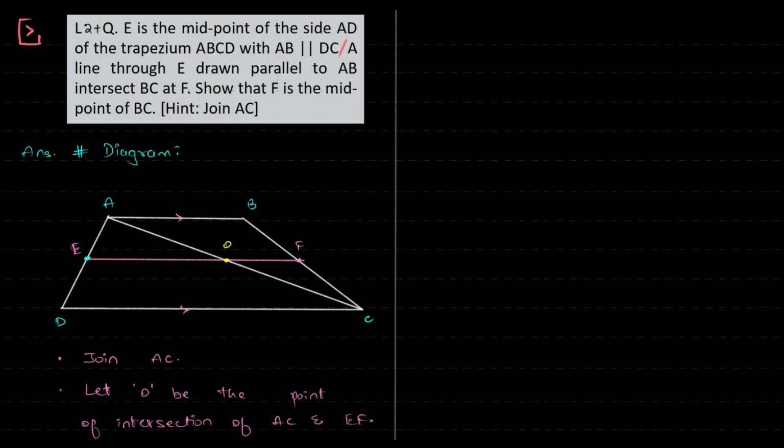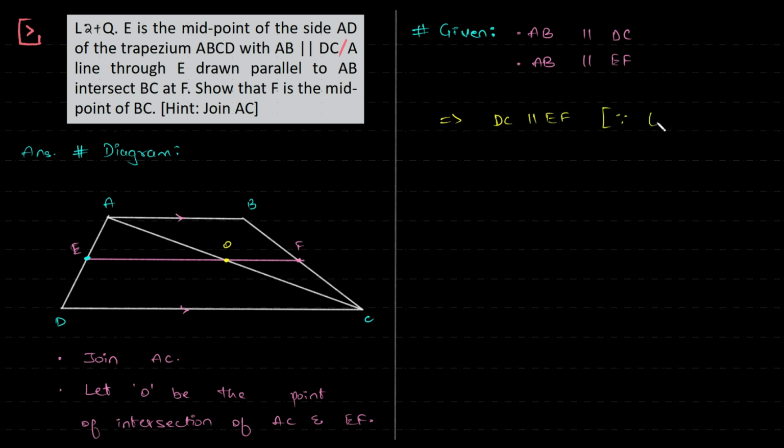And what else can we tell? So we have been given the following, that we have AB parallel to DC and we have AB parallel to EF. Because these two are parallel to each other, what can we tell? This infers DC is parallel to EF, right?